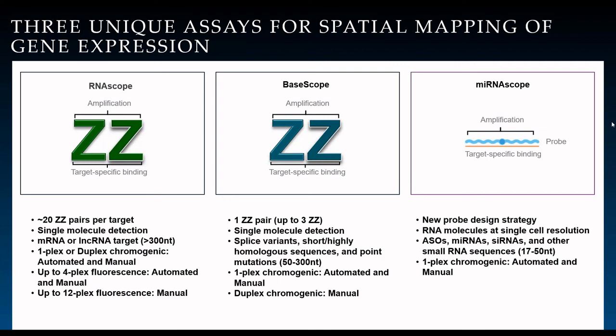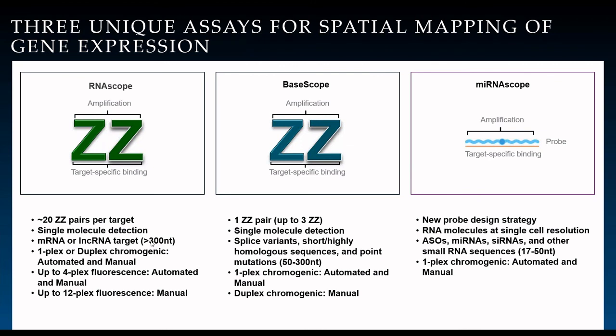In this slide, we have depicted all the three assays that fall under the RNAscope technology umbrella: our RNAscope assays, our BaseScope assays, and our microRNAscope assays. The RNAscope assay is specifically designed for targets over 300 nucleotides in length, on either chromogenic or fluorescent platforms.